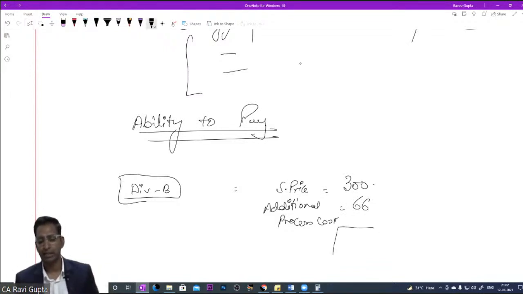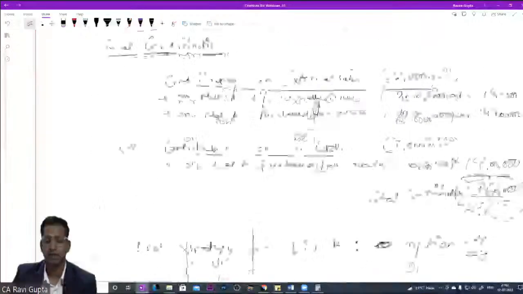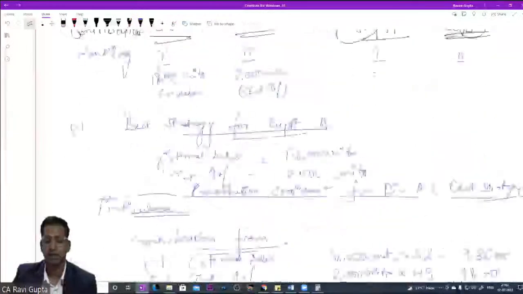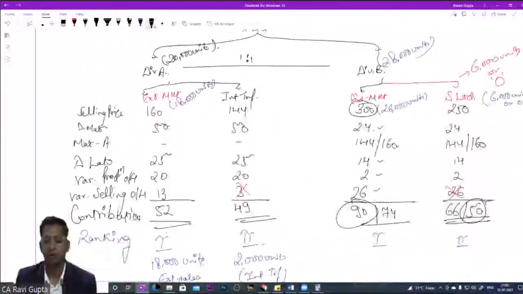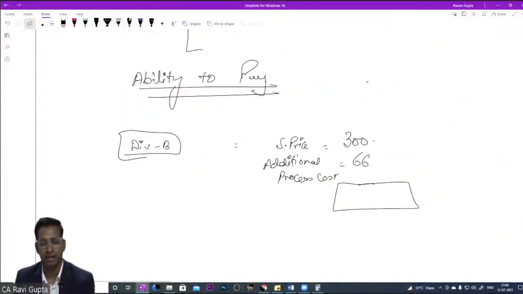Now, what is the ability to pay? How much maximum can I pay for the internal transfer unit? Here we have 144 rupees. But it is the maximum I can pay.